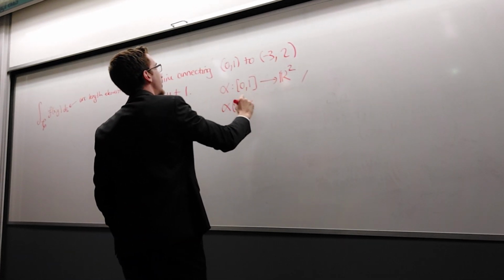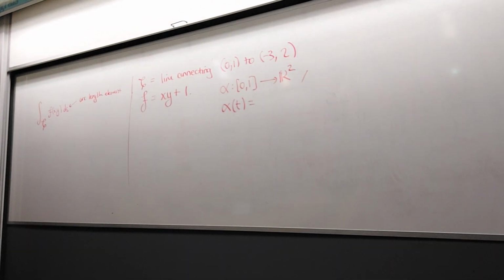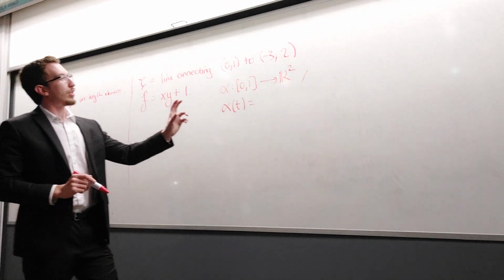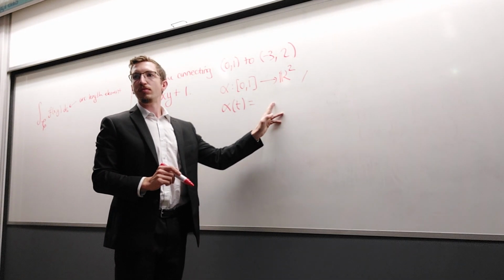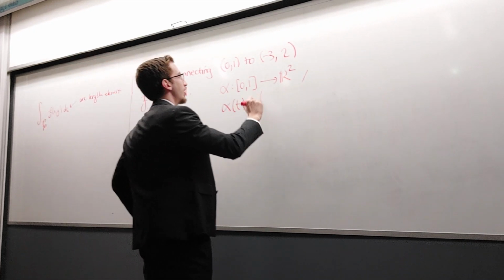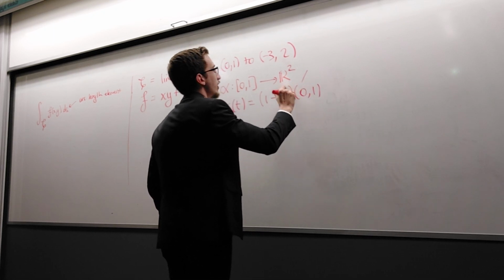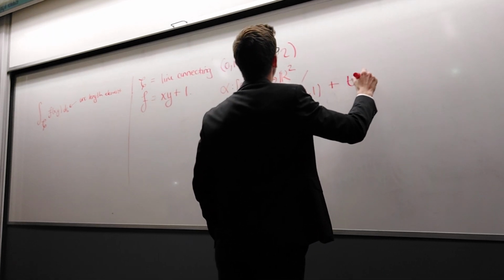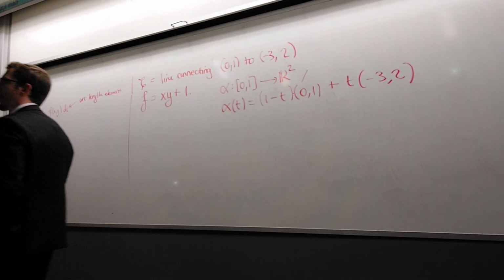Alpha of t is going to be given by t times (-3, 2) plus (1 minus t) times (0, 1). It'll be the final because it's 1 minus t times the initial. Make sense?